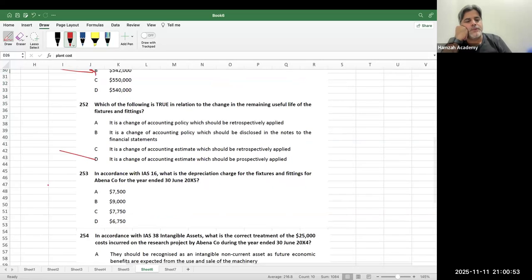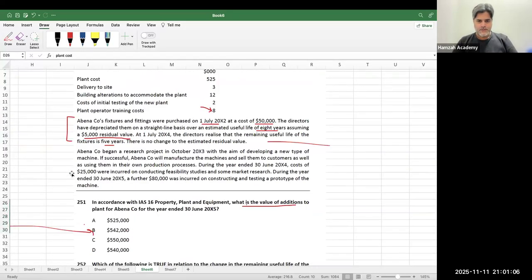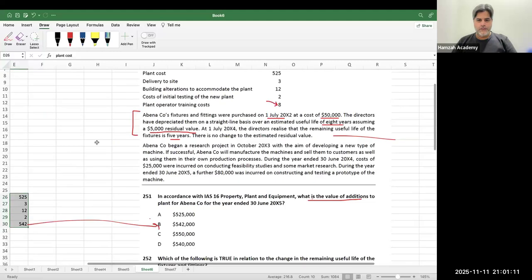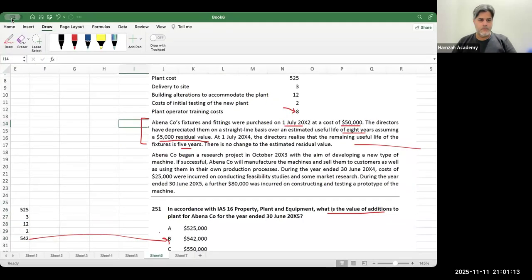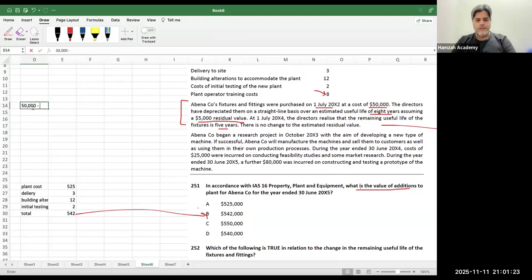Then in accordance with IAS 16, what is the depreciation charge for the fixtures and fittings for Abina company for the year ended 30th June 20x5? So if we look over here, we got it on 1st July. 50,000 minus 5,000, life is 8 years.